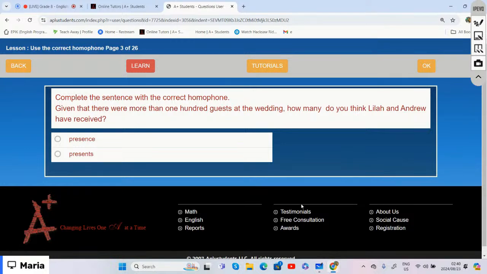Given that there were more than 100 guests at the wedding, how many do you think Lila and Andrew have received? Presents. We need to use the word presents. Is it option one or option two for presents?